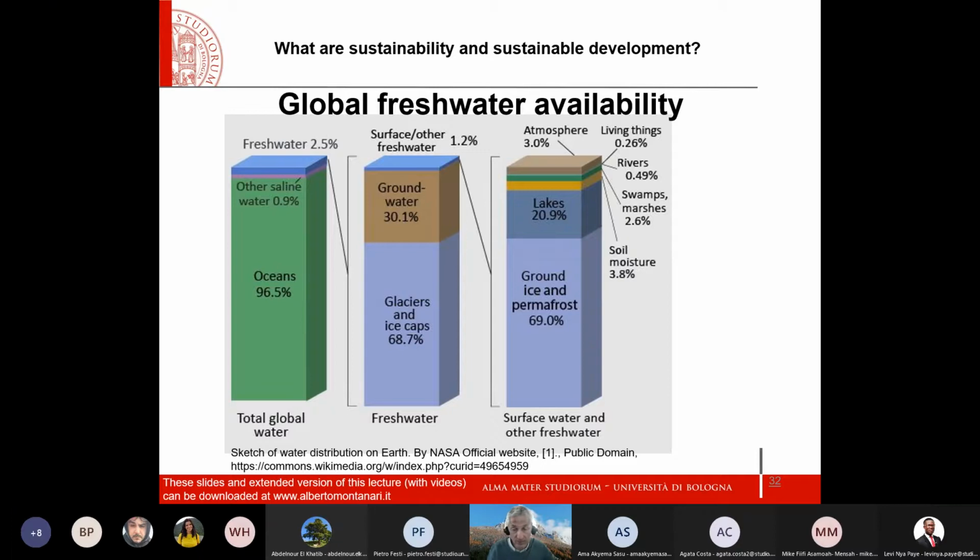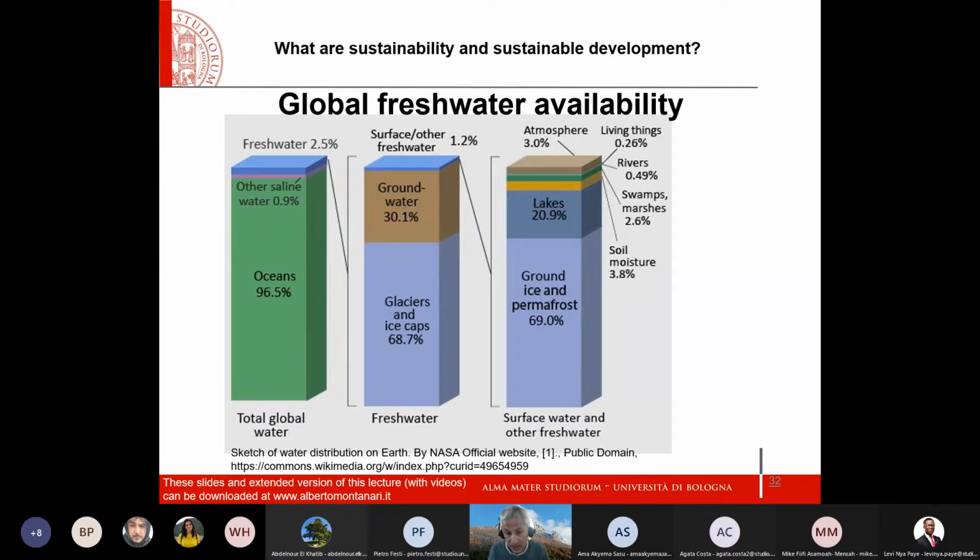And you see that there is 69%, which is taken by ground ice, which is different from glaciers and ice caps in the middle column. Ground ice means frozen ground.